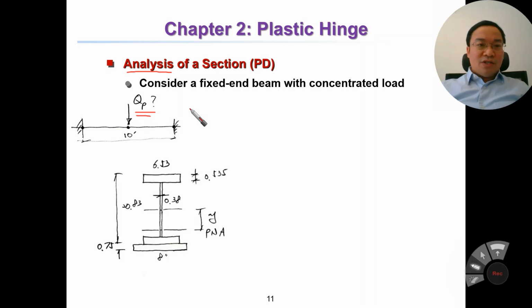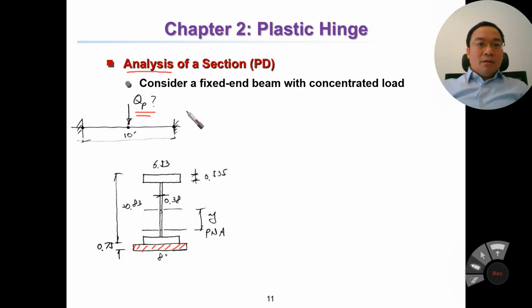And we should have a section, and this is the section. It is a little bit complicated section, the I section, and this one is called the splice plate. Here, the plate has the width of 8 inch and the thickness of 0.75 inch.